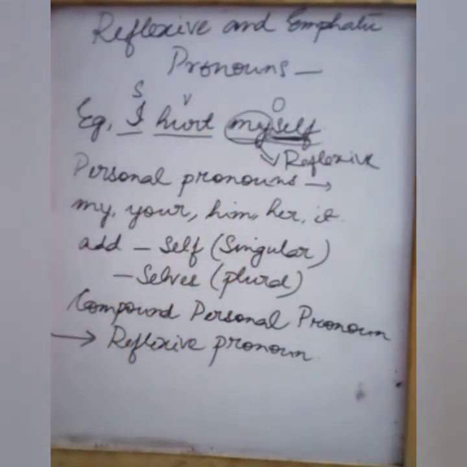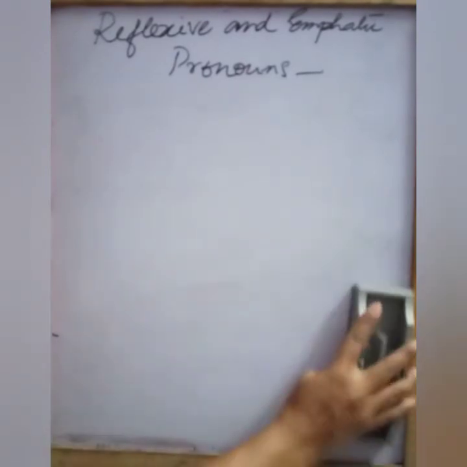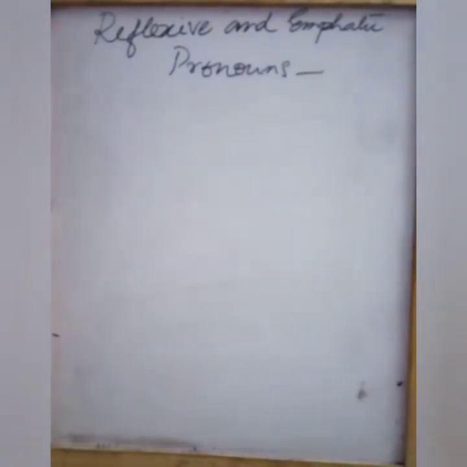Fine? We will see some more examples, but let's get clear with emphatic pronouns. So what are reflexive pronouns? Very easy. Reflexive pronouns show that the action of the subject turns back on the doer.